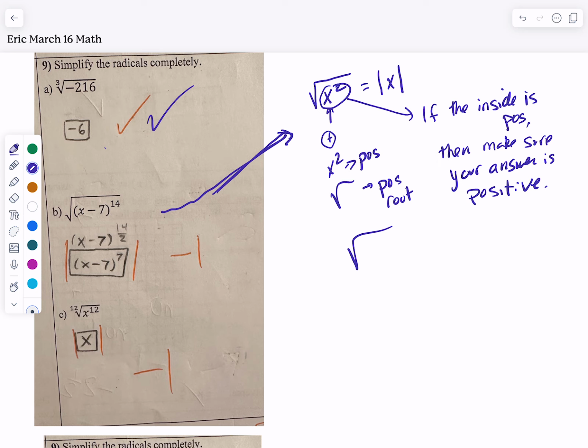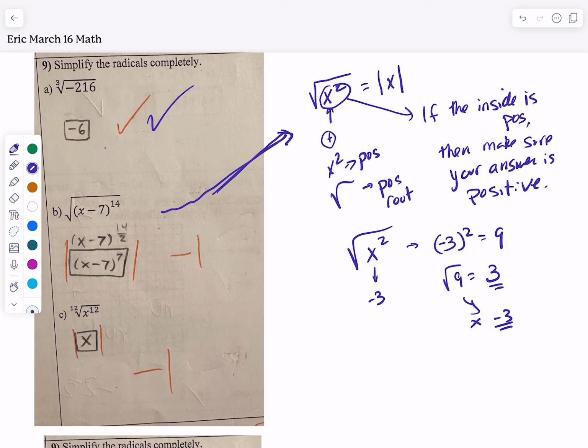If I say the square root of x squared, and x is -3, then -3 squared equals 9, and the square root of 9 is 3. It's not -3.